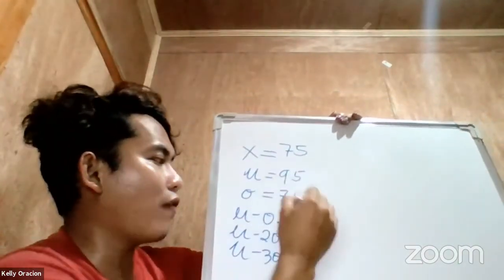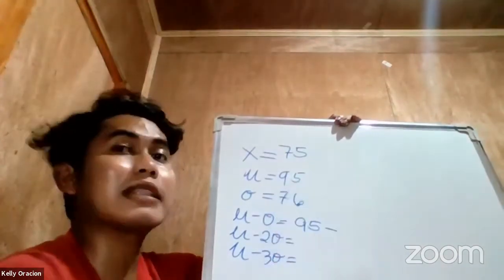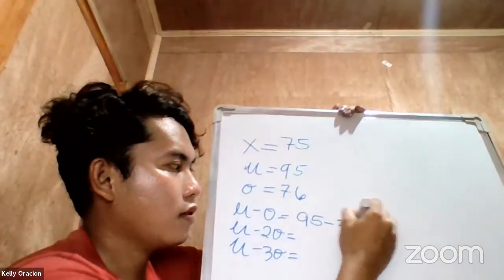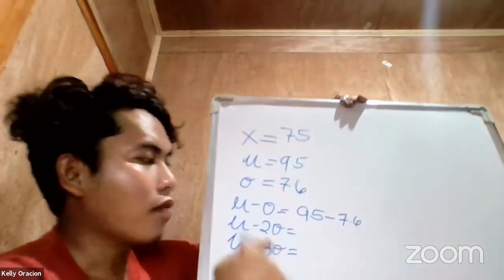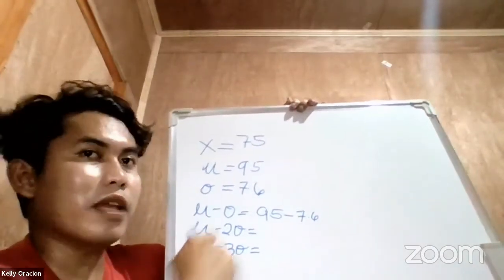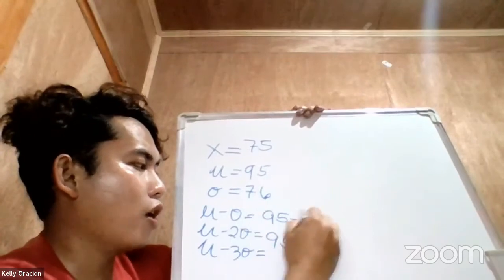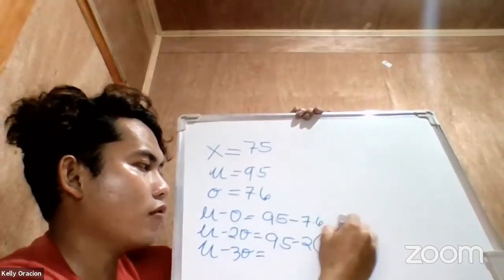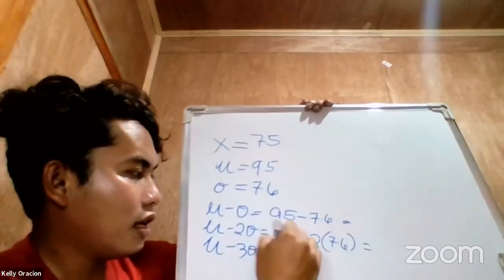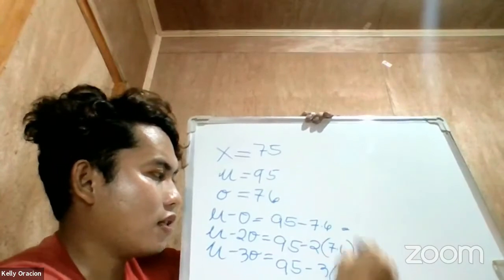Your mean is 95 minus your standard deviation of 7.6. Then, 95 minus 2 times 7.6. May 2 man, 2 standard deviation. Next, 95 minus 3 times 7.6.